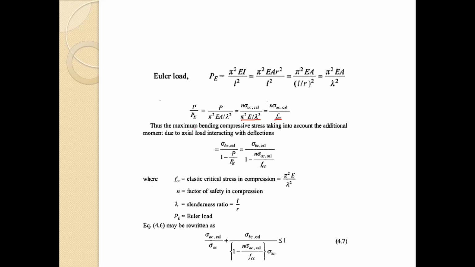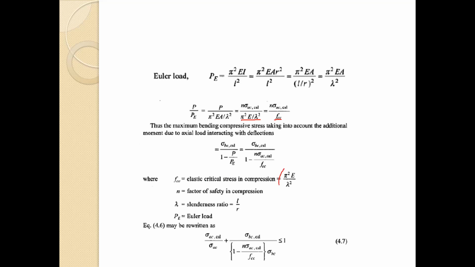Thus the maximum bending compressive stress, taking into account the additional moment due to axial load interacting with deflection, is sigma BC calculated divided by 1 minus P divided by PE, which equals sigma BC calculated divided by 1 minus n sigma AC calculated divided by FCC. Here FCC is nothing but the elastic critical stress in compression.